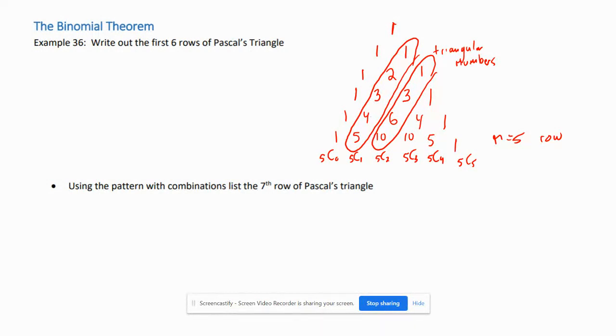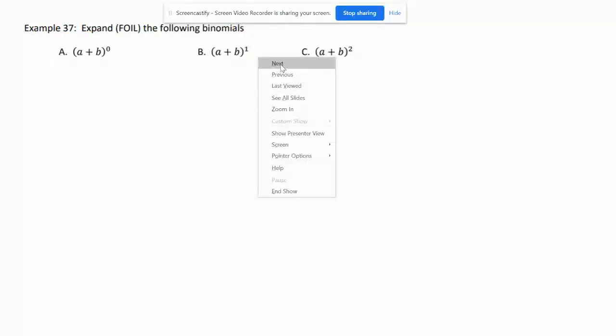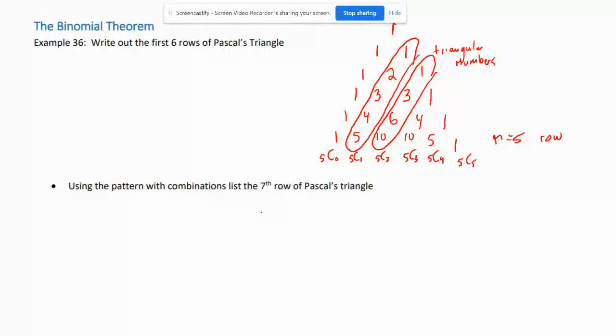Okay, so what the next bullet says: using the pattern with combinations, list the 7th row of Pascal's triangle. Well, the 7th row is the same thing as the n equals 6 row. And remember, the second row is the n equals 1, the third row is the n equals 2, the fourth row is the n equals 3, the fifth row is the n equals 4, so that means the 7th row is the n equals 6 row.